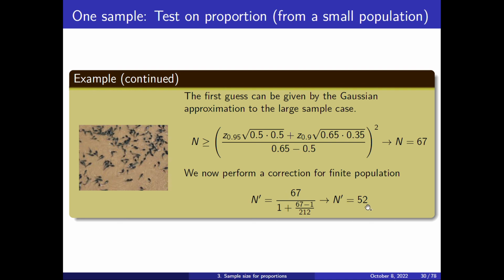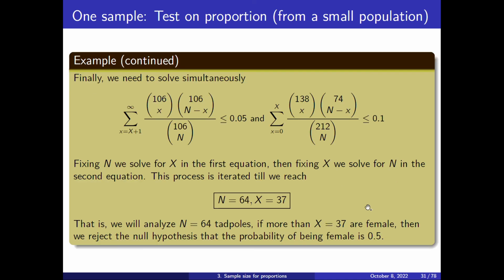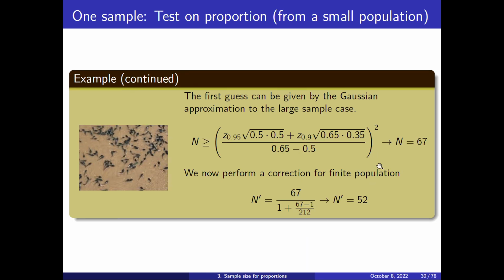So we would have 52. And if you solve it exactly, the exact solution is 64 and x is 37. So 37 is the critical value. 64 was already more or less in the same range as these approximations.